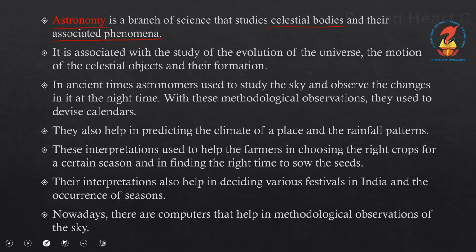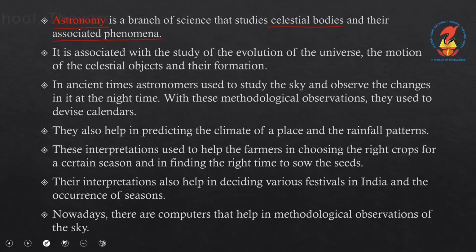In ancient times, astronomers used to study the sky and observe the changes in it at night. With these methodical observations, they used to devise calendars. They also helped in predicting the climate of a place and the rainfall patterns.